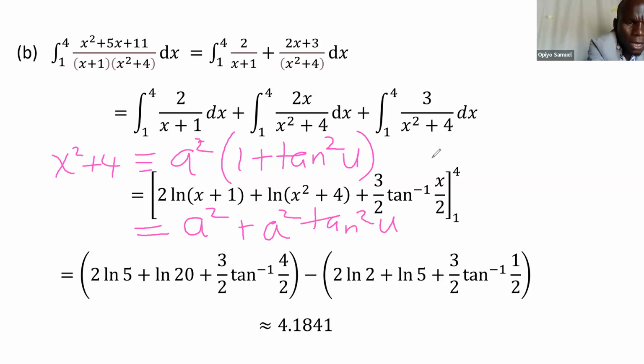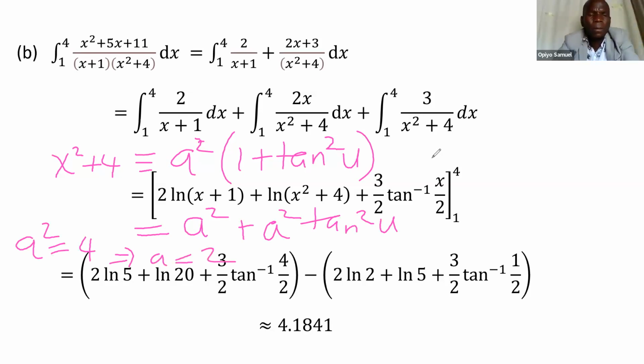From here, a squared equals to the constant, which is 4. So we can get a to be equals to 2. So a is 2. Allow me to erase this because I still need a space to write. Remember, a is going to be 2.